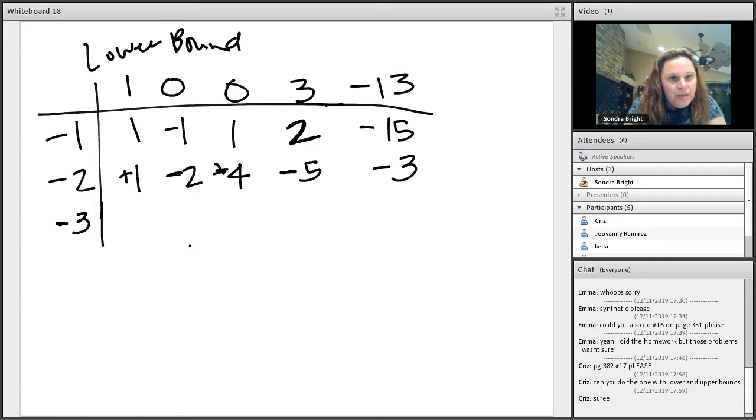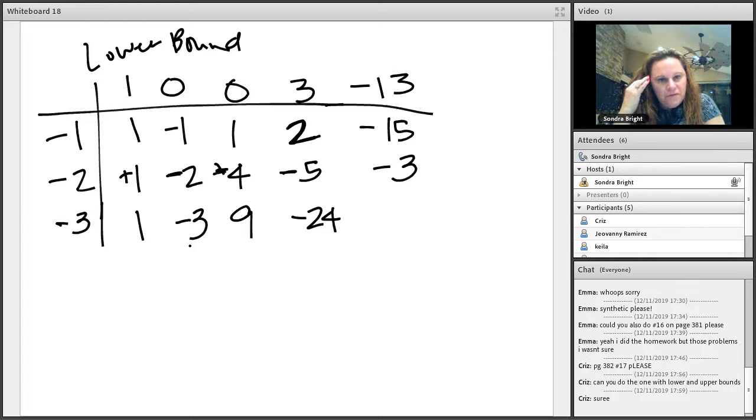But let's try it. Bring down the 1. Negative 3 plus 0 is negative 3. Positive 9 plus 0. Negative 27 plus 3. And then whatever that is, positive 72 minus 13 is a positive number, 59 I think.